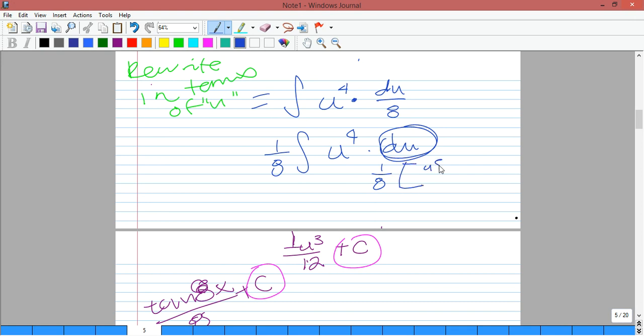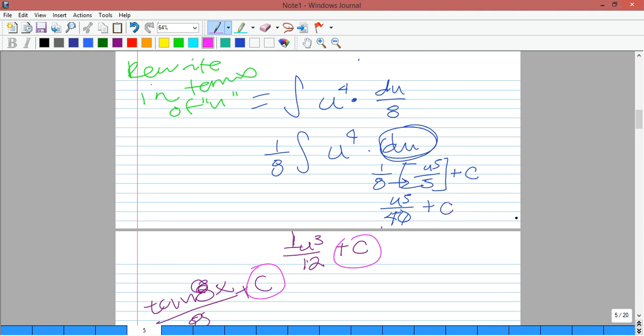And what we're going to get is u to the 5th over 5 plus c. And if we multiply straight across, we have u to the 5th over 40, because 8 and 5 is equal to 40 when you multiply them. And then you have a plus c as well.